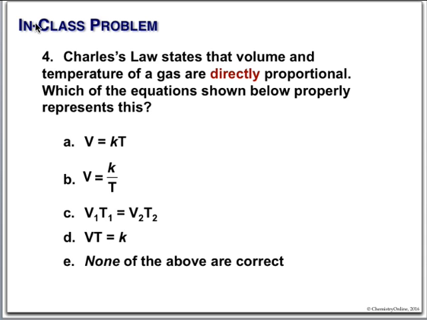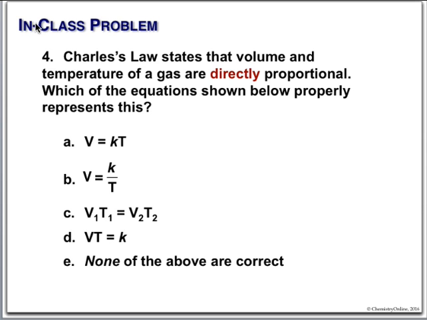So in our first one here, V would be proportional to T. By gosh, I think that's pretty much what this says. In our second one, V would be inversely proportional to T.